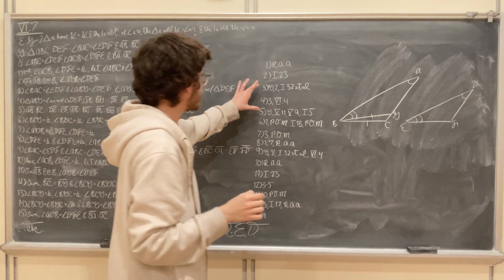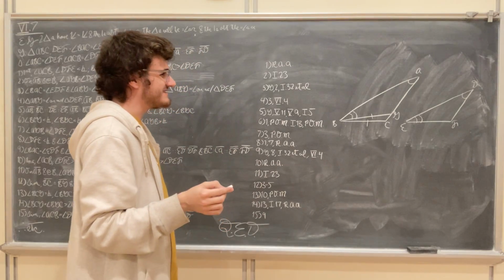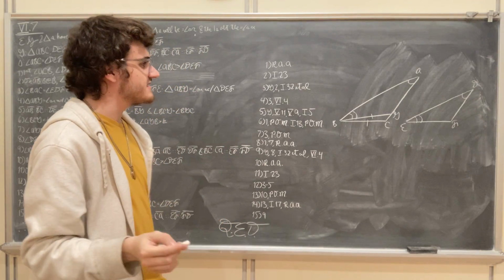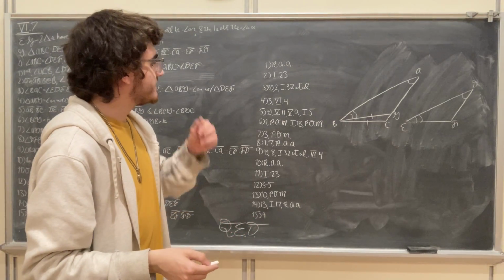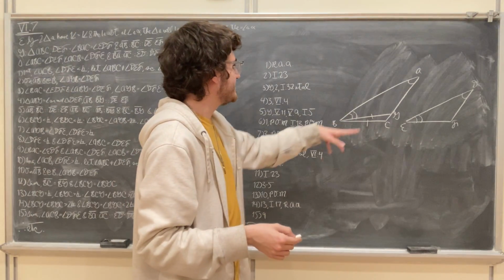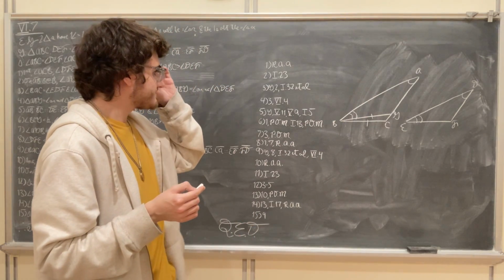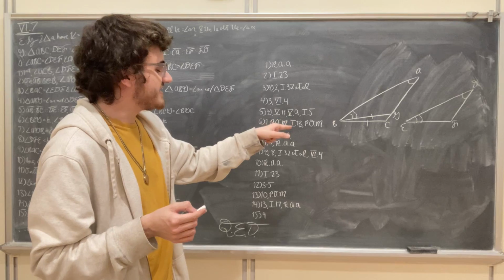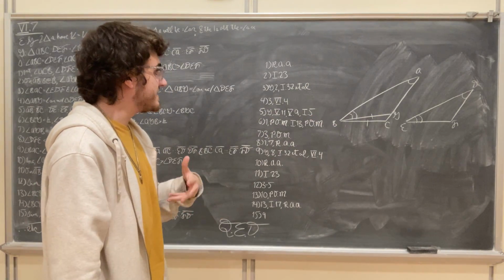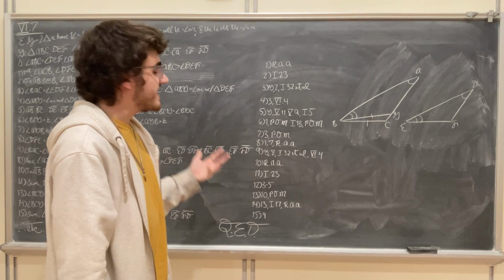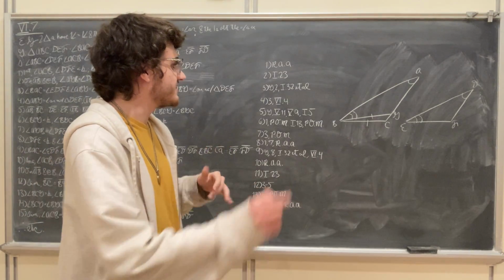This would just be going through the third and fifth steps again, showing that the two triangles ABG and DEF are equiangular, which means that their sides are proportional. Like AB is to BG just as DE is to EF. But again, we were given that AB is to BC just as DE is to EF, which means that AB is to BG just as AB is to BC, which means by 5.9, BG and BC are equal.